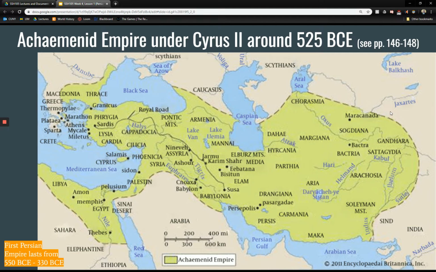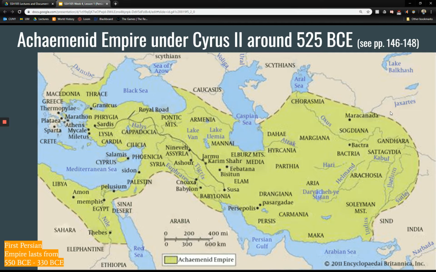And this empire lasts for over 200 years, about 220 years according to most histories, although the roots of the Persian Empire go back a bit further to the Neo-Assyrian Empire and a group of nomads that had settled under the Neo-Assyrian Empire in northern Mesopotamia, and then had worked to create their own home in this region under the Neo-Assyrians, and then would later work to topple them.